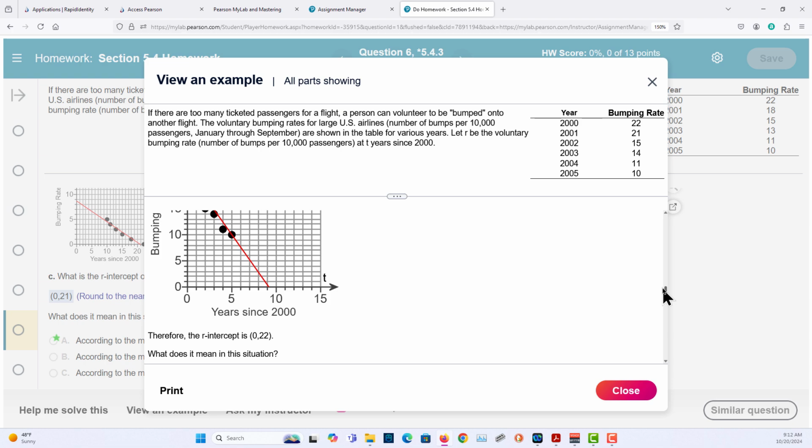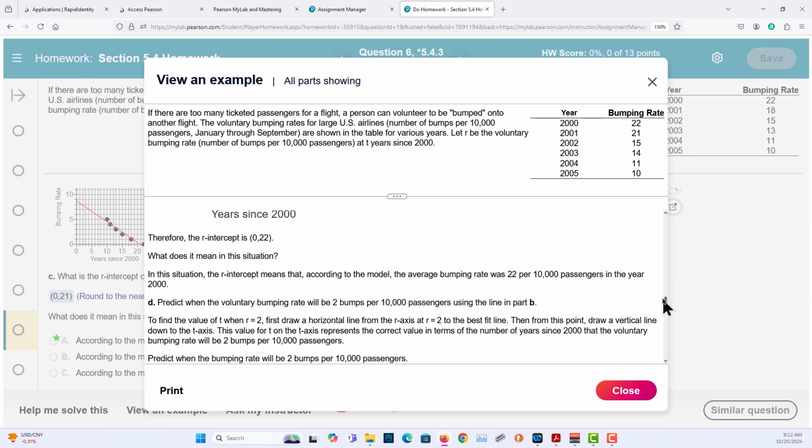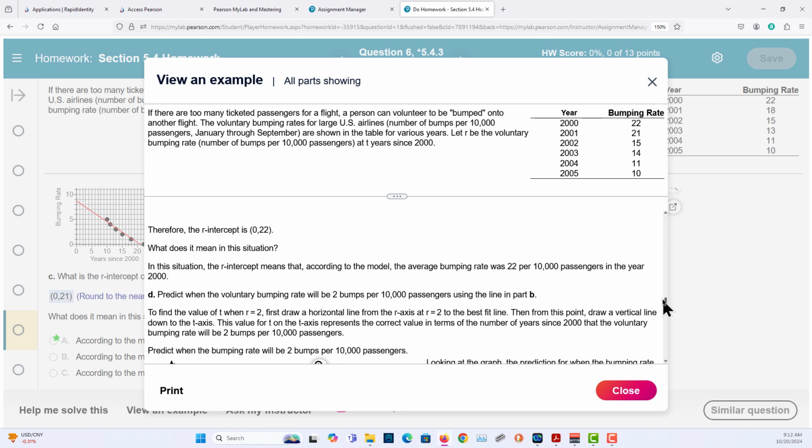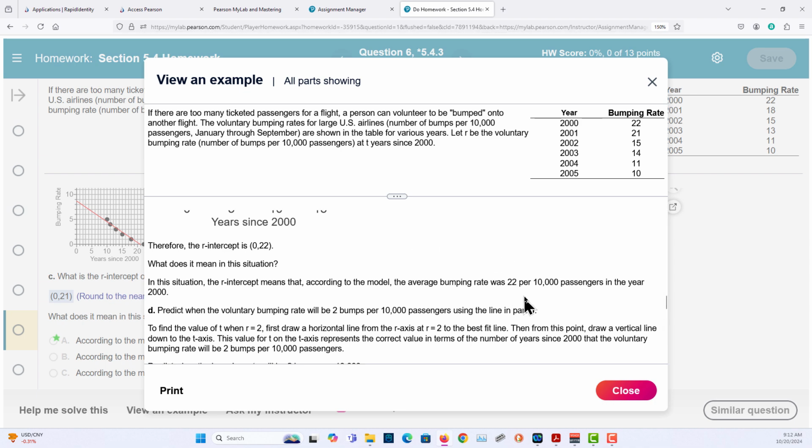The R-intercept is located at (0, 22). What does it mean? That means that in the year 2000, the bumping rate was 22 per 10,000 passengers.